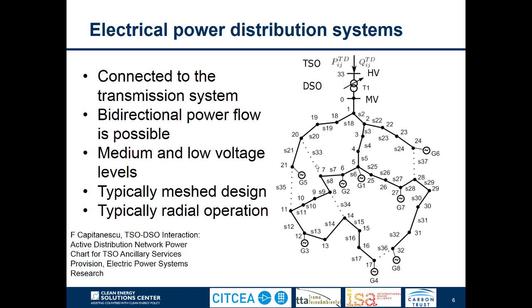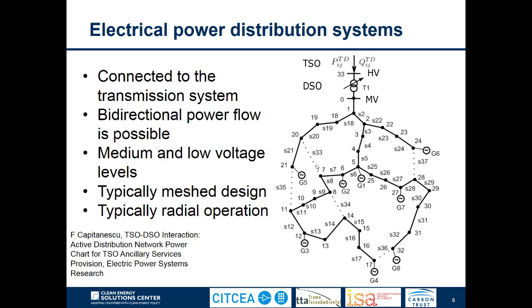Typically, we have a meshed design so that there are alternative paths for the power flows. When there is a failure on one circuit, for example, then we can use another one. And in this case, this should be done using these dotted lines, so connecting them and using those lines for the power flow.